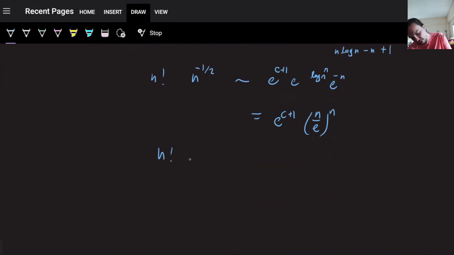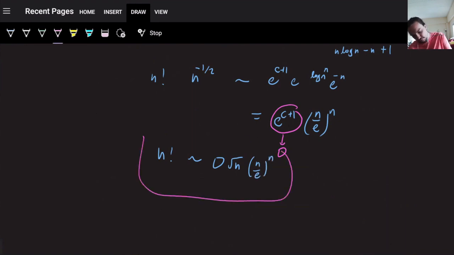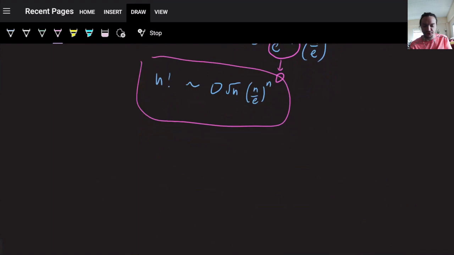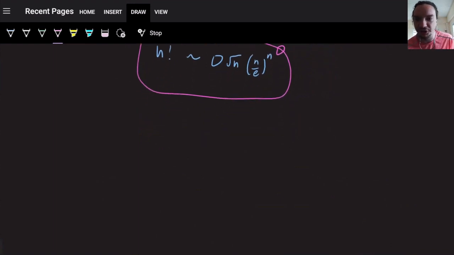We get that n factorial is twiddle, and this guy here is just a new constant, e to the c plus 1. I'm going to call that d. It's twiddle d square root of n, n over e to the n. Okay, and we got Stirling's approximation, but without the square root of 2 pi. So now we need to show that d is equal to square root of 2 pi.